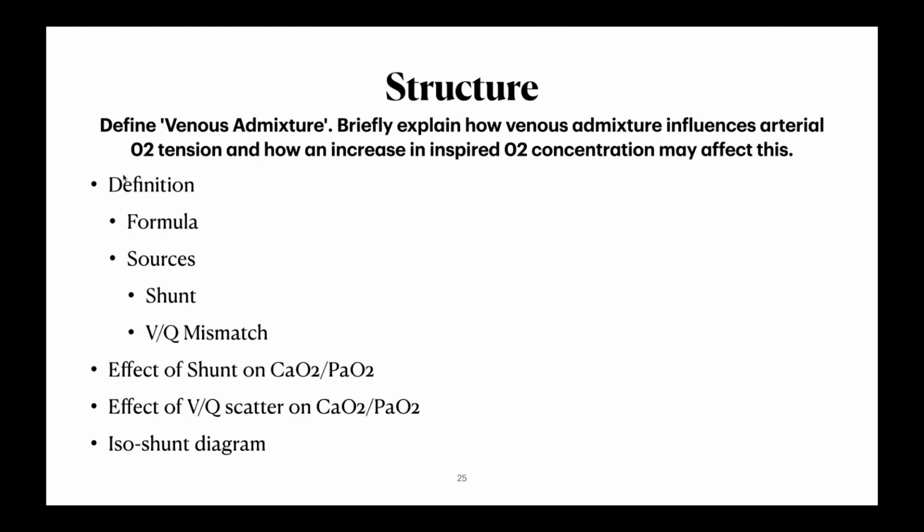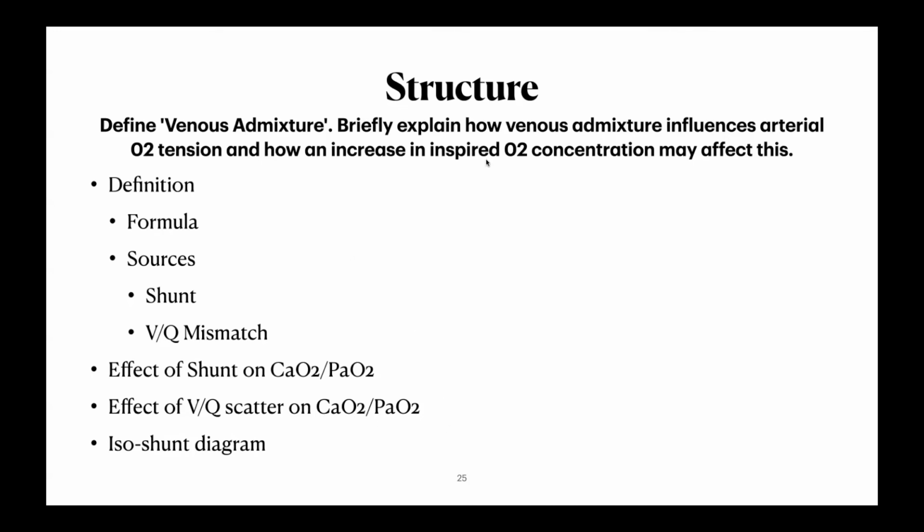So the first bit, the definition of venous admixture, will include the formula. It's also going to have a description of the sources, so both shunt and VQ mismatch. And if you have time, quantify it. And then after that, we're going to describe the effect of shunt on not just content, but on the partial pressure of oxygen, as well as the effect of VQ scatter on content, as well as the partial pressure of oxygen.